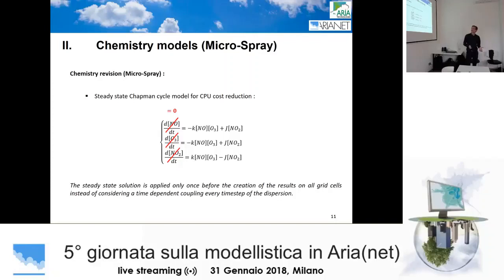So basically, with this model, we are instantaneously at the equilibrium. Instead of computing a high-frequency chemistry, we apply the steady-state solution only once before the creation of the output, and we store the equilibrium in each cell given the different proportions of NOx species.